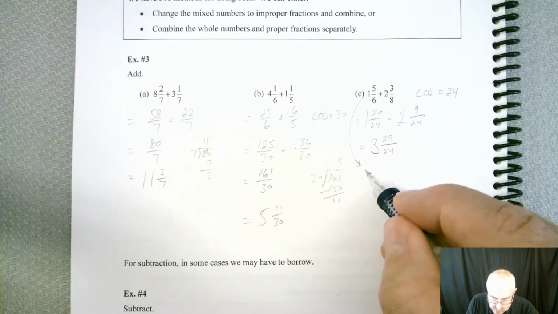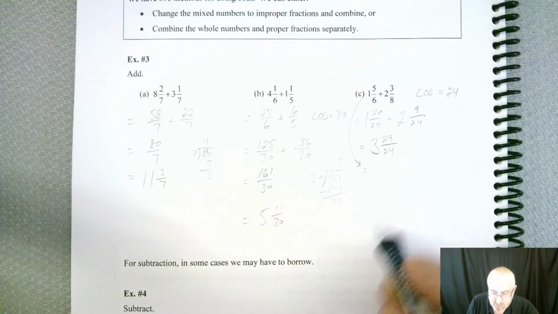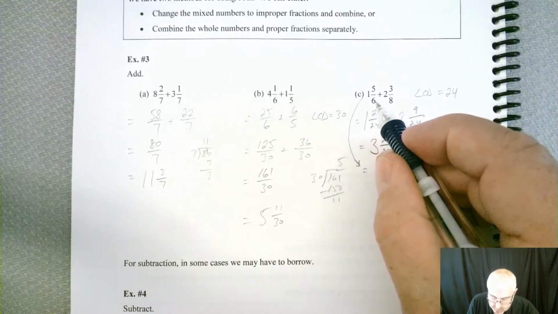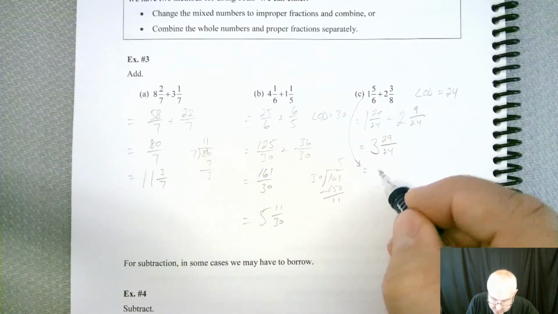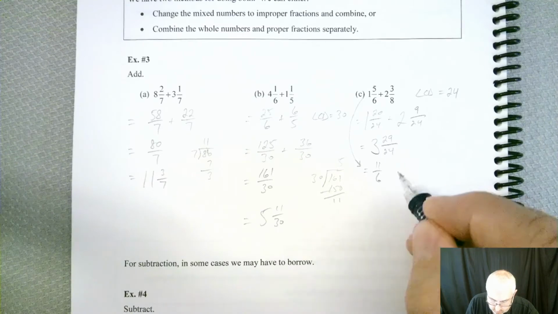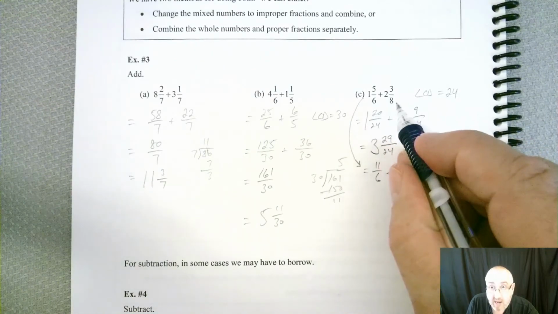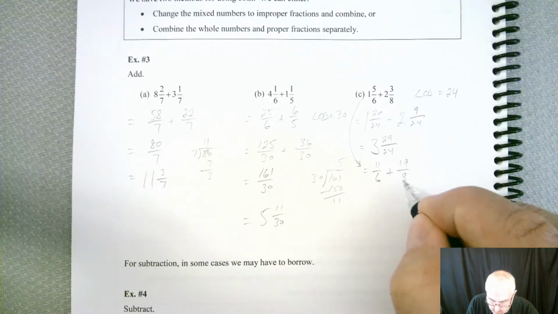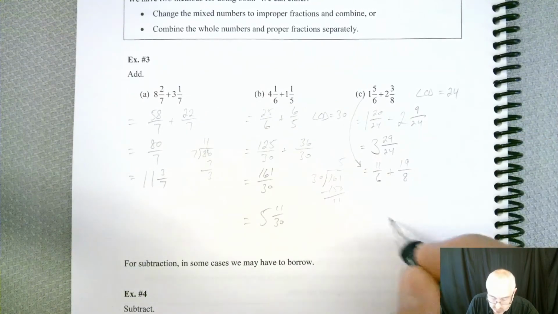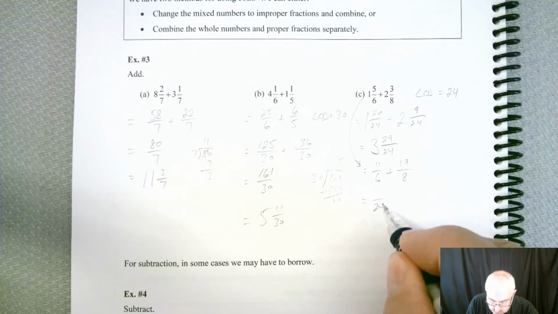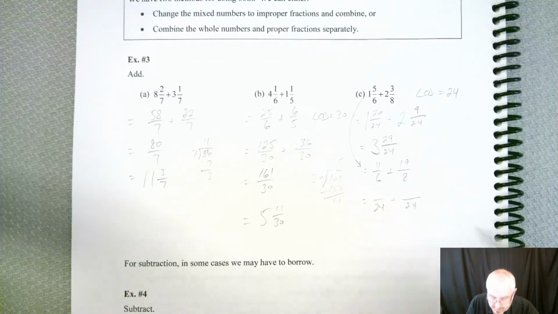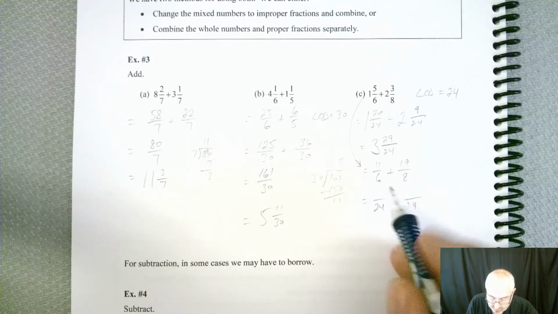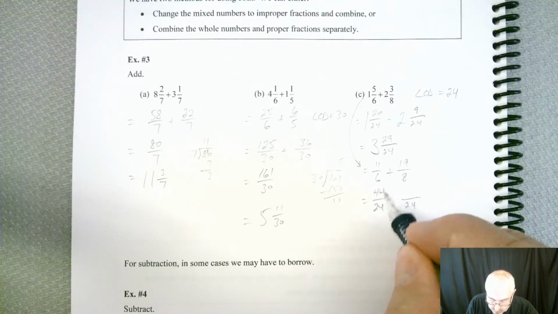So let's just do it the improper fraction way, and we'll see what the answer looks like that way. So we got 1 times 6 is 6, plus 5 is 11. We got 2 times 8 is 16, plus 3 is 19. We still got our LCD of 24, so we know we got to change those to 24s. And so then we want to multiply this one by 4, so that gives you to a 44.